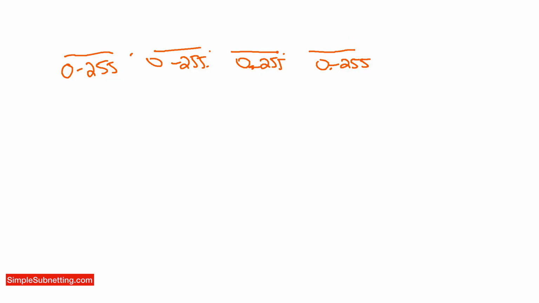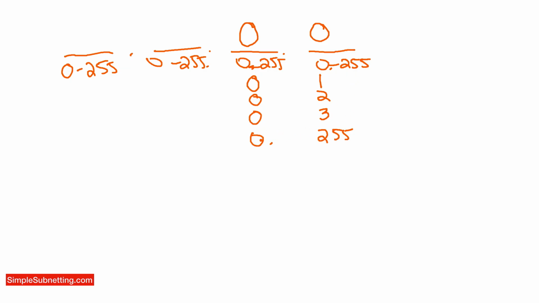So, for example, Class B, it's this one, 8, 16, 24. So this is Class B. So if you write 0 here, you still have to account for this. And so it's going to be 0.0, and then the next one's going to be 0.1, then 0.2, all the way down to 0.255.